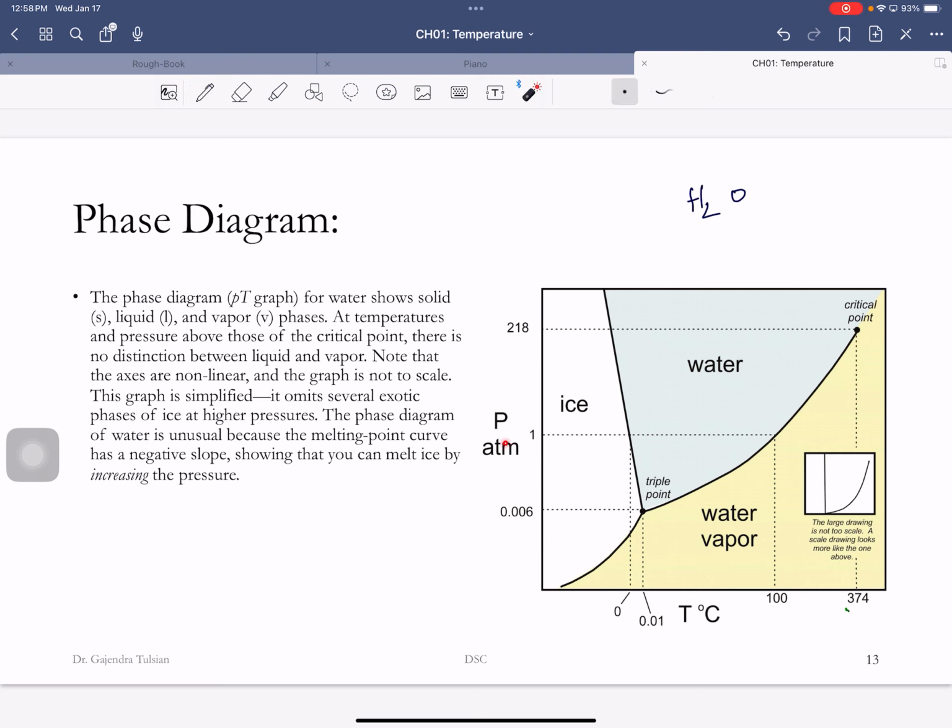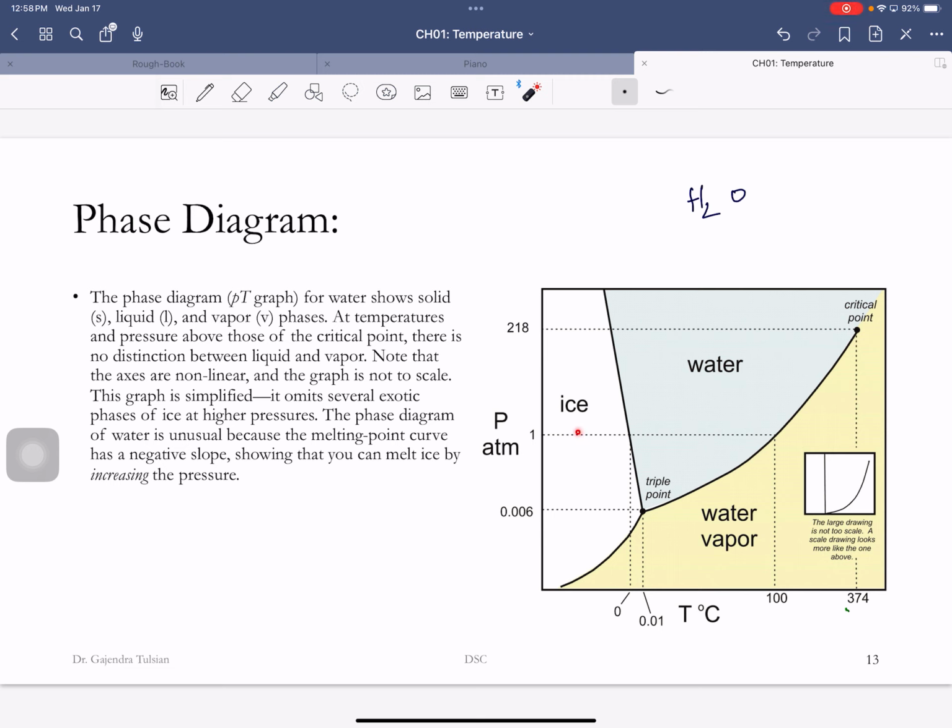On the y-axis is the pressure, and on the horizontal axis is the temperature. So this is 1 atmospheric pressure. At 1 atmospheric pressure and this temperature, this chemical substance can only be in the liquid phase. For this parameter space, it tells you what state the substance can be in.